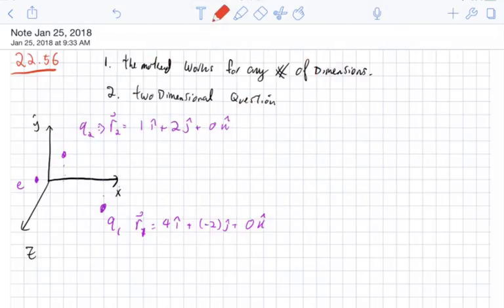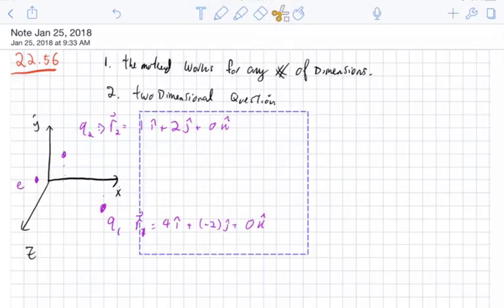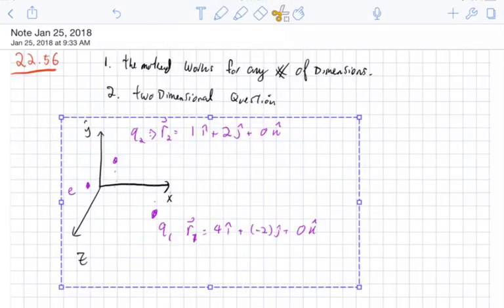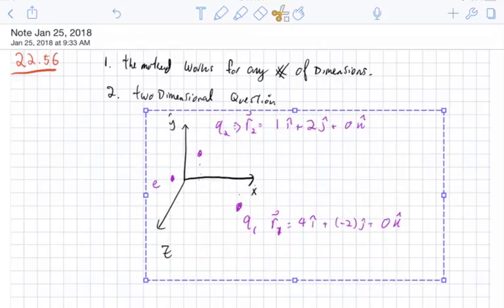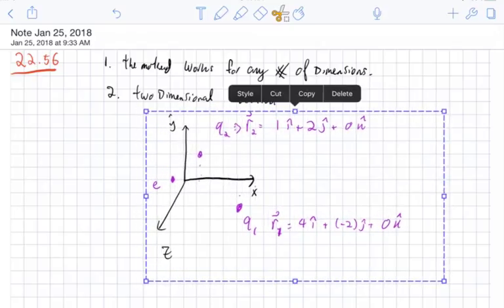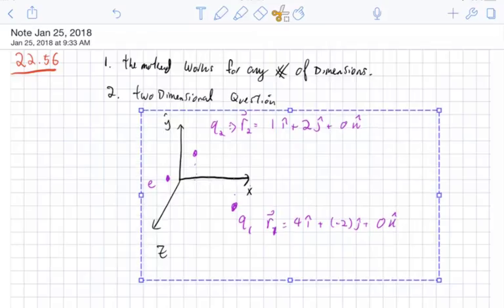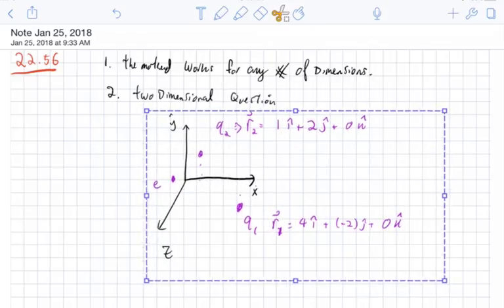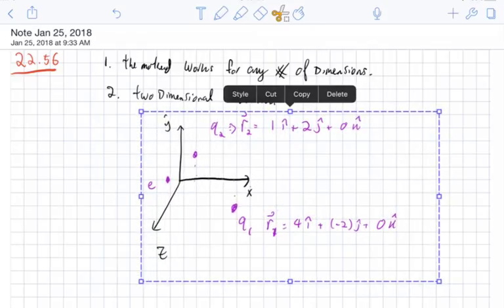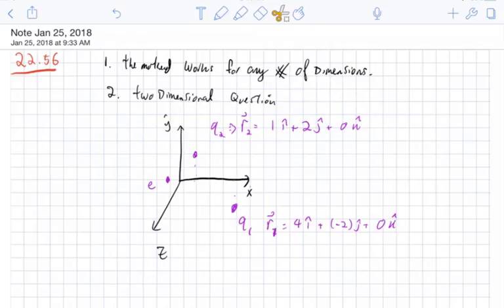So the question asks us to find vectors. Well, hold on. You know what? I am going to move this whole diagram to the right a little bit to make room. Okay, so the position vector of the electron is going to be minus 1 i hat, 0 j hat, 0 k hat.